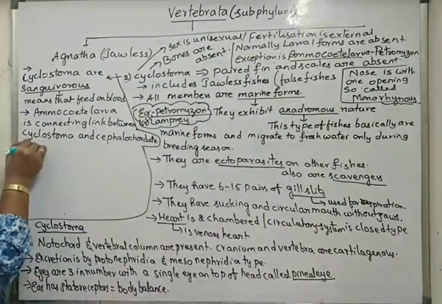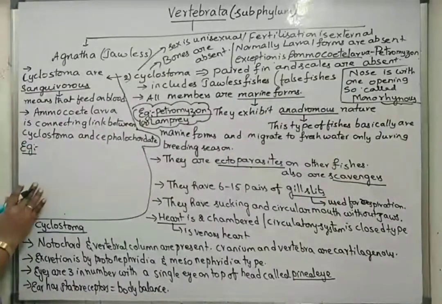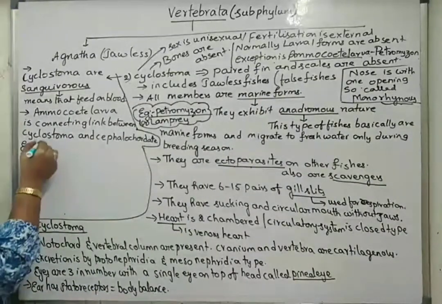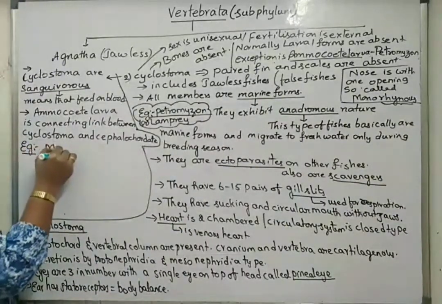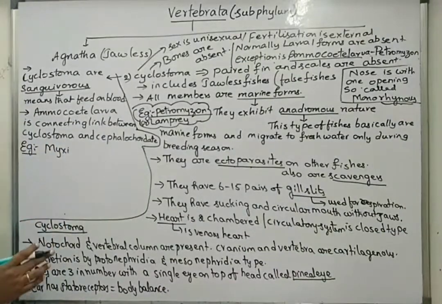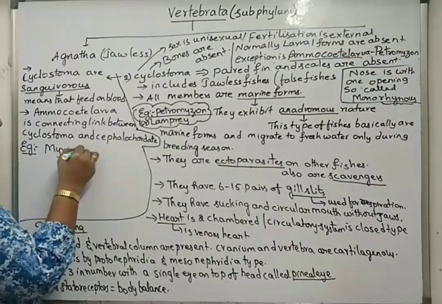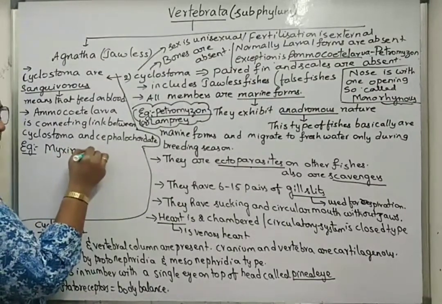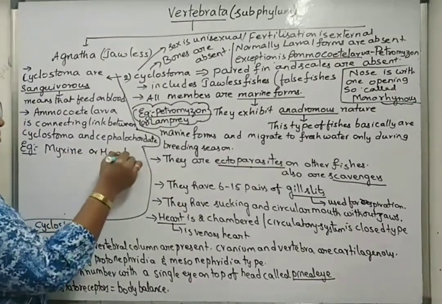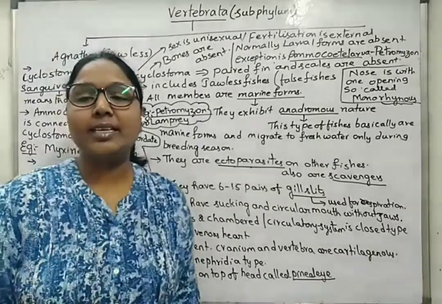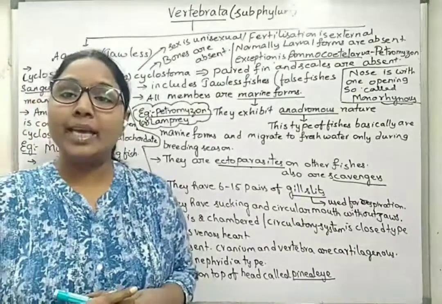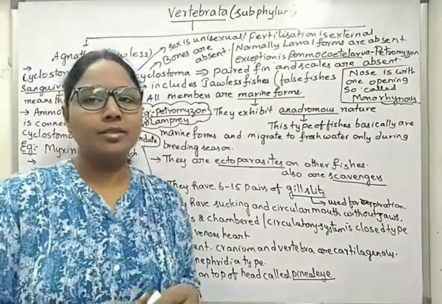Another example under Cyclostoma is the myxine fishes or hagfishes. They belong to the myxine group. Myxine or hagfish. Myxine type of fishes live by hanging onto the gills of the host fish.